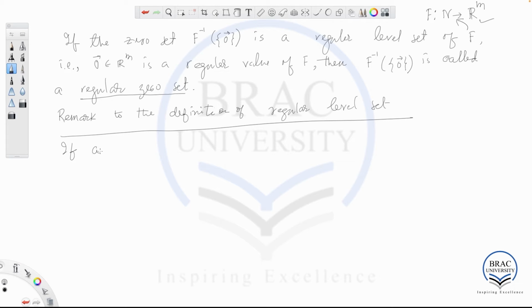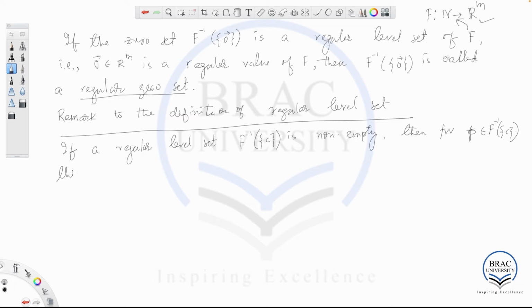If a regular level set F inverse of C is non-empty, meaning that C is in the image of F, then for any P in F inverse of C, since it's non-empty, we can always find a point here.